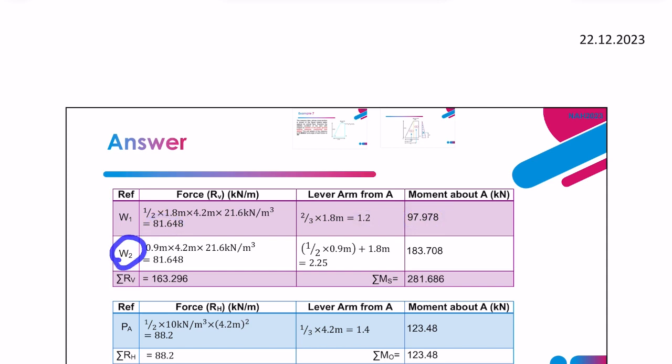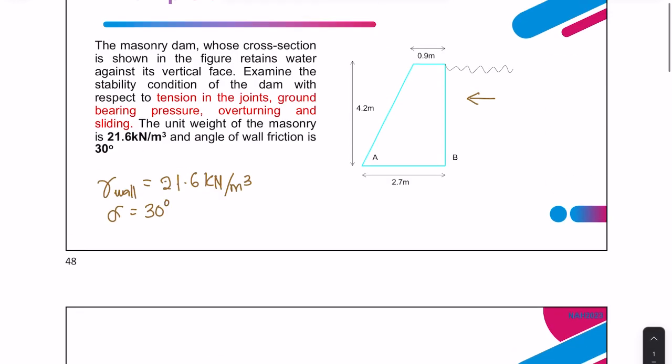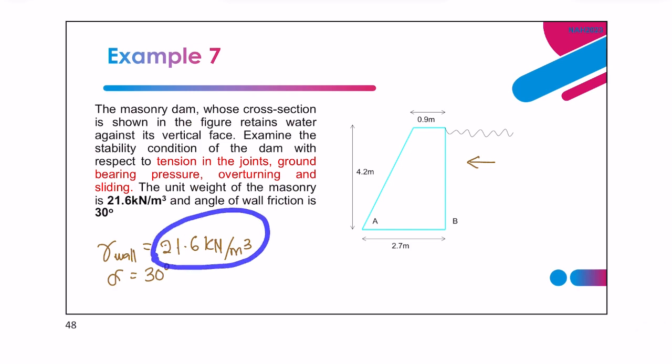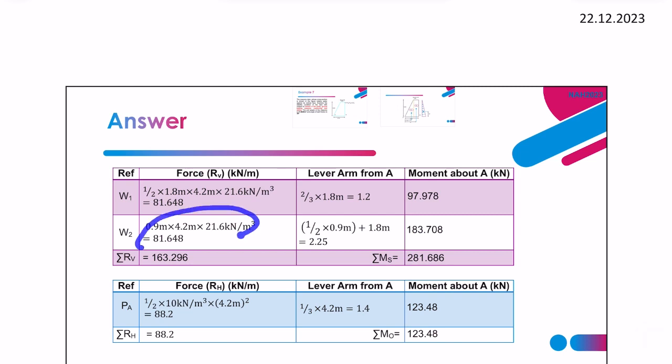Next, we're going to calculate for W2, which is the rectangle. Get the area, 0.9 times 4.2 meter. That is the area. And you need to times with the unit weight of the wall, 21.6 kilonewton per meter cube.